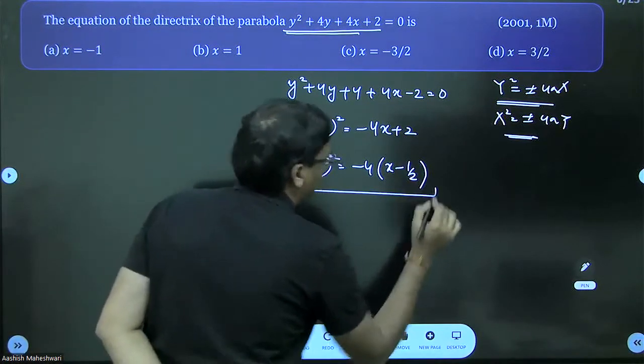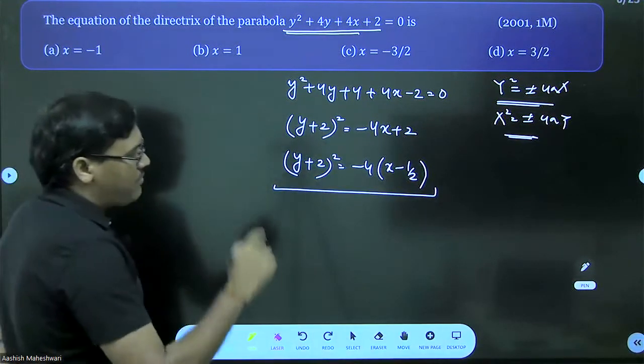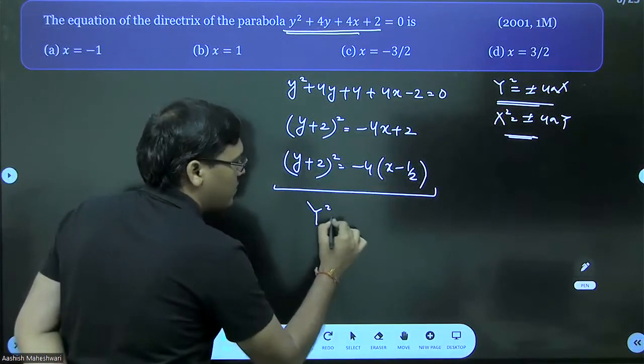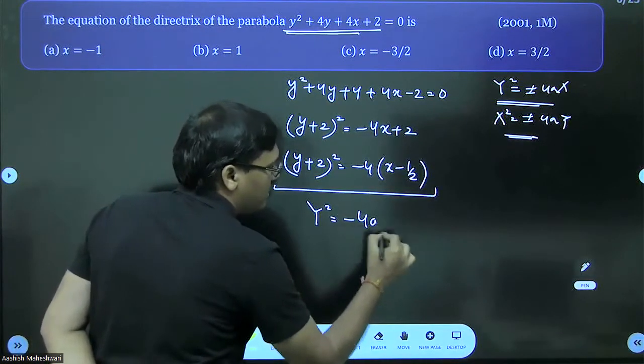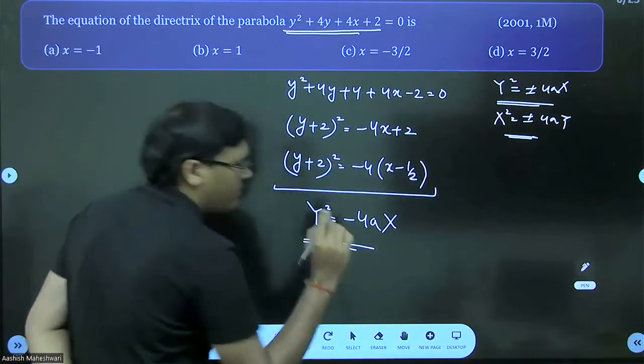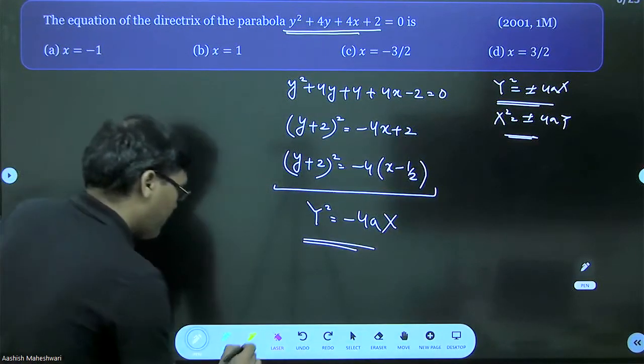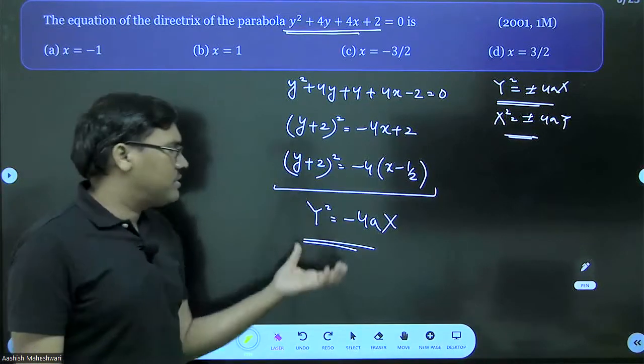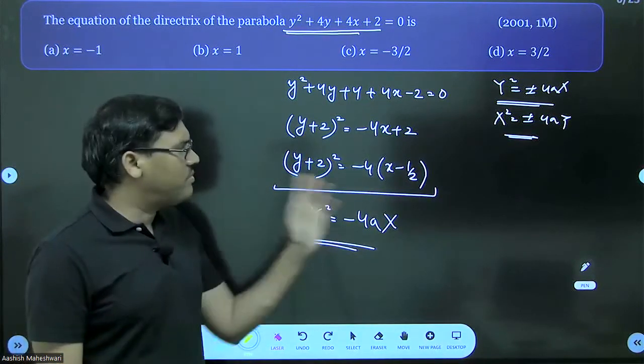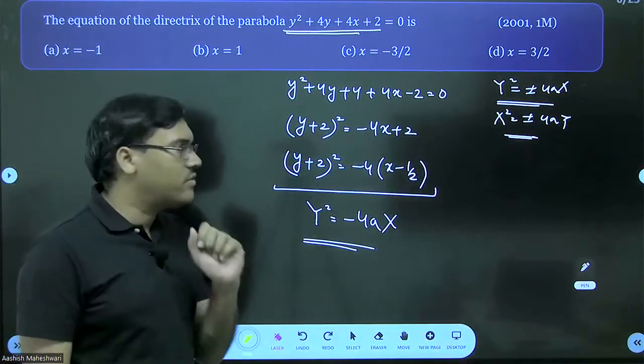So this is the parabola we have. Now which type of parabola is this? This is of the form y² is equal to minus 4ax type. Now I want to write the directrix of this parabola. So see, one way is you can shift the coordinate, or otherwise you can just draw the diagram and check. Now how can you find the directrix?